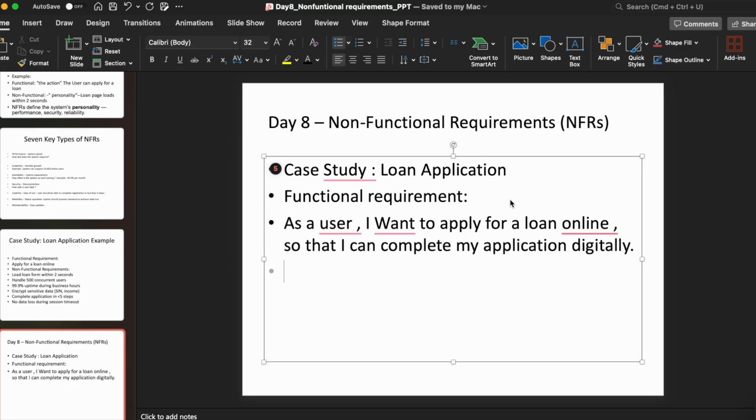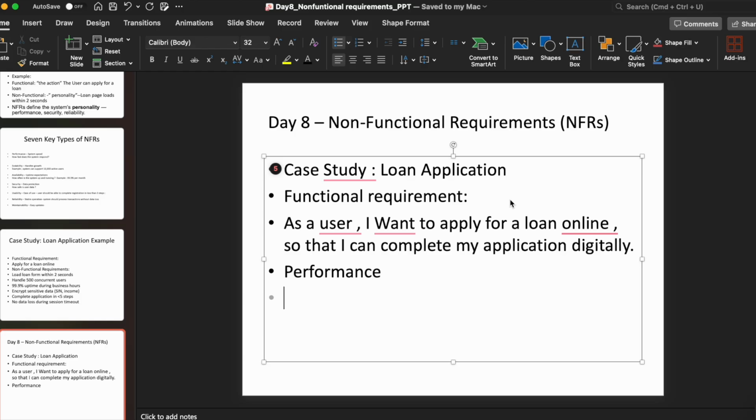So now how do you write non-functional requirement for this one, right? So let's take our 7 key non-functional. So performance. Let's write performance.